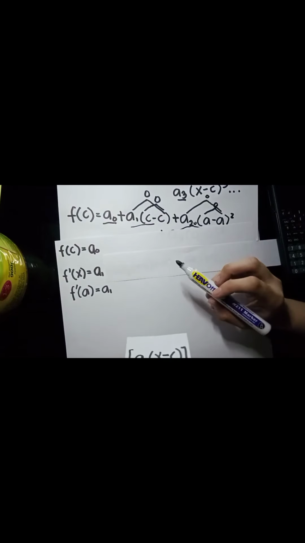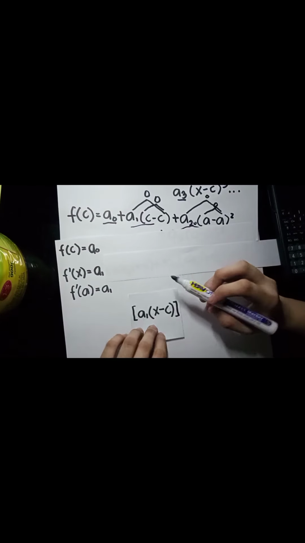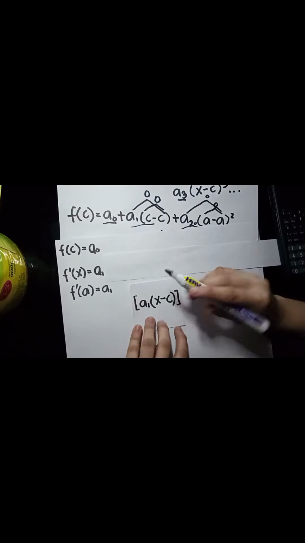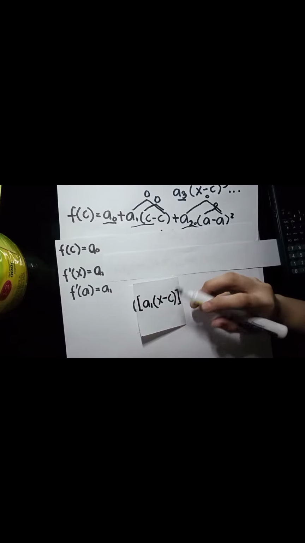Then for the second term, x minus c will go away, leaving a1, to be clear.